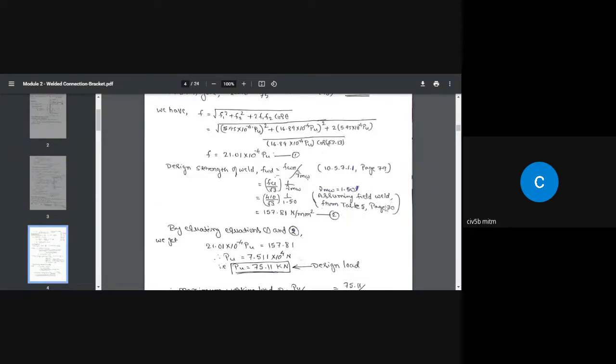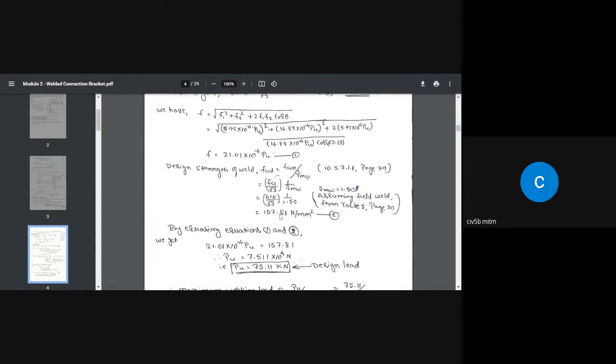That means we are going to do welding at the field. By assuming that, we can take gamma MW equal to 1.50 as per table 5 on page 30. So find out what is this, that is the design strength of the weld. Again, this is in Newton per millimeter square and this is in Newton per millimeter square.